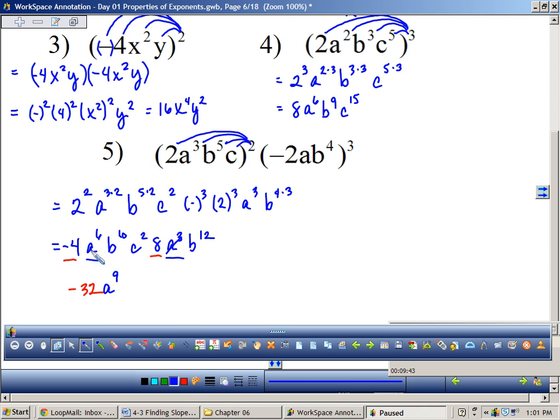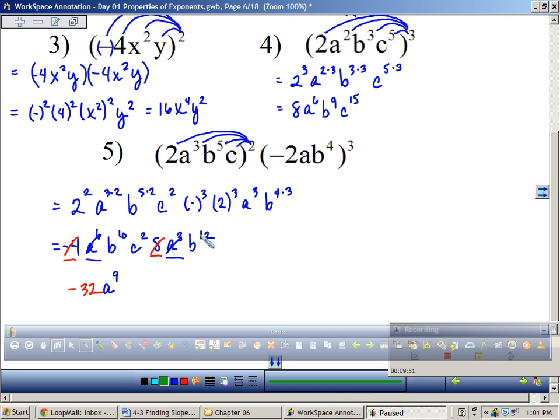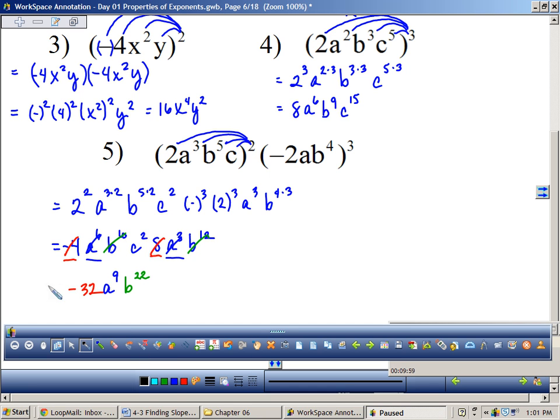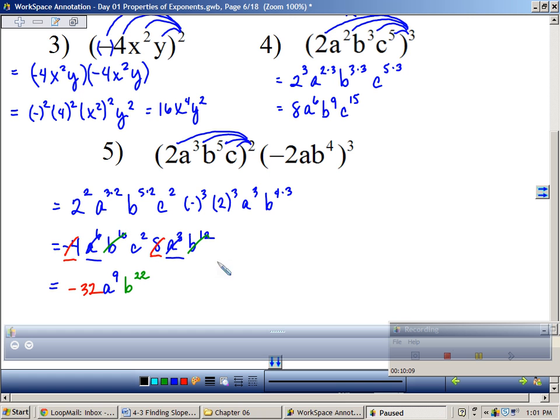I kind of like to cross them off, too, after I simplify them. That way I know I've got everything I need. And b to the 10th and b to the 12th is b to the 22nd power. So I've got everything. Oh, look at it. I didn't follow my own rule. c squared. See how it's useful to cross things off as you go?